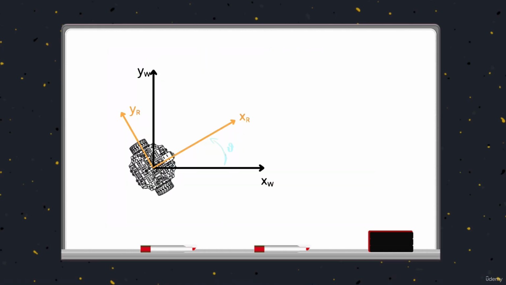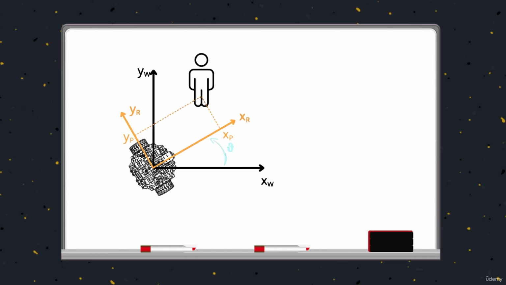Back to our example of the robot, we can apply the same concepts we just saw. Let's assume that the robot is able to detect an obstacle by using its onboard sensors, and so it's able to provide its position in the frame of the robot R, and this frame is rotated with respect to the frame of the world W. Therefore, the equation that we derived is unchanged.